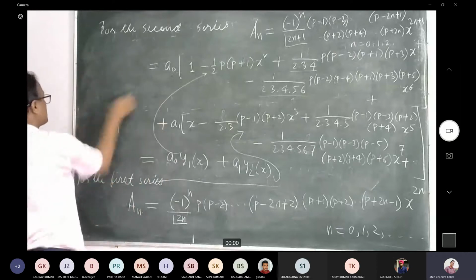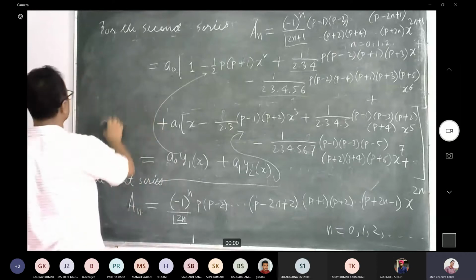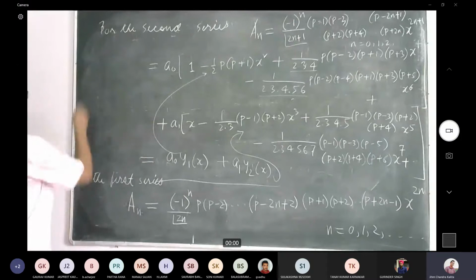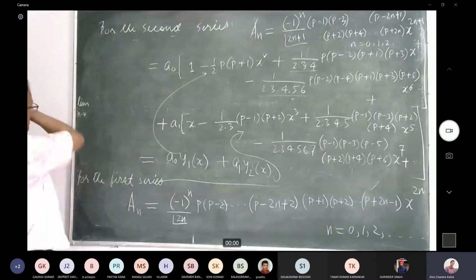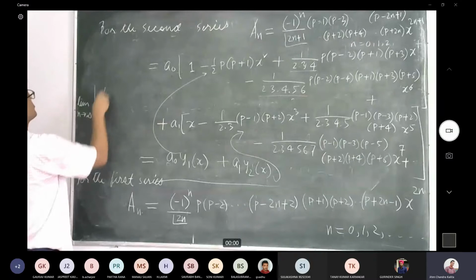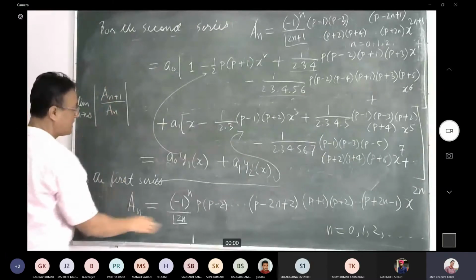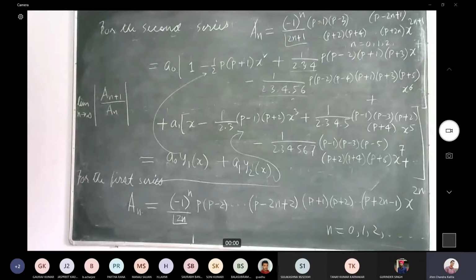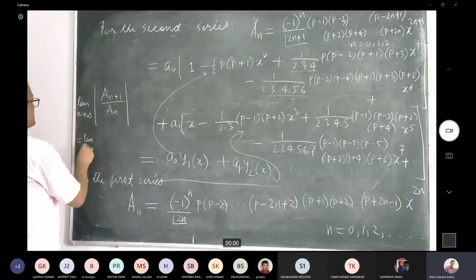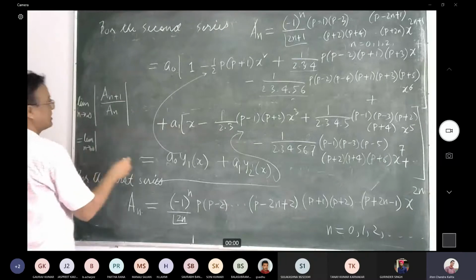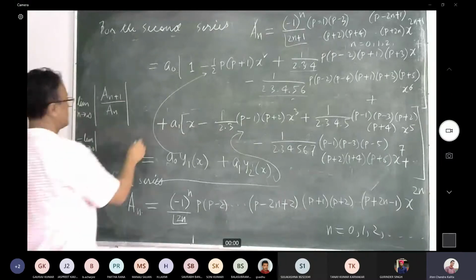So let me try it like this: limit n tends to infinity of a n plus 1 divided by a n, say for the first series.